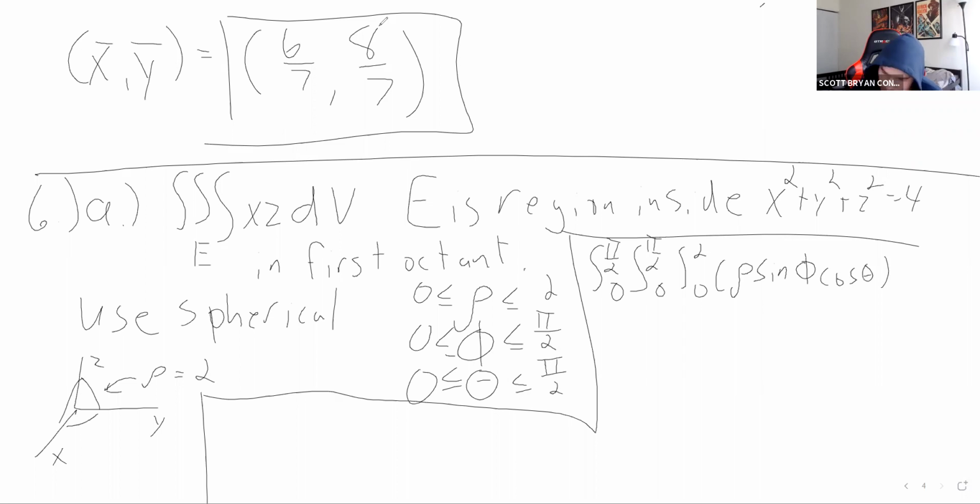Z is rho cos phi. And then dV in spherical is rho squared sine phi d rho d phi d theta.